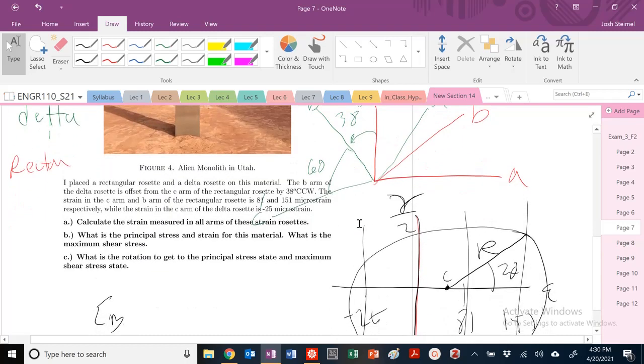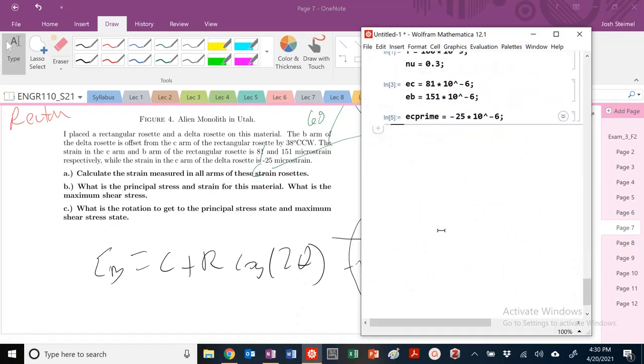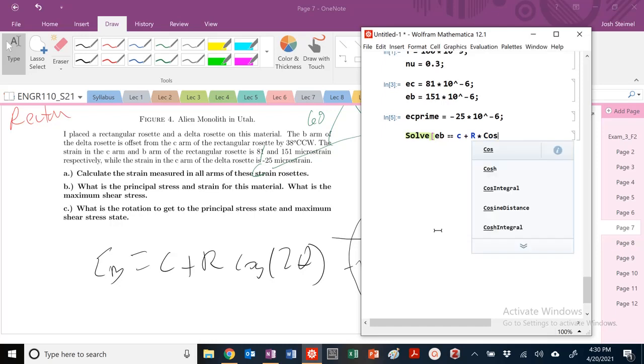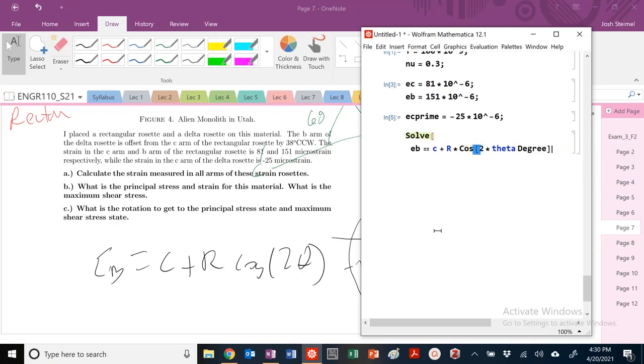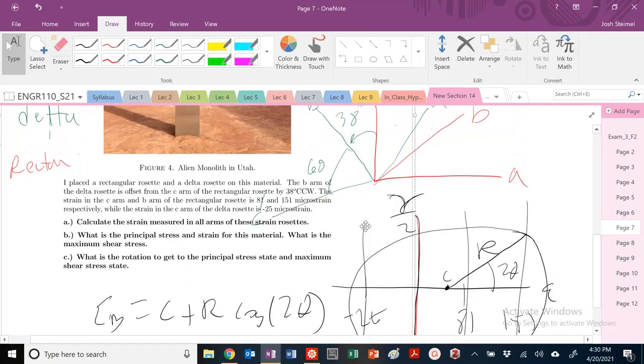If I'm using the B arm of my rectangular rosette, it's just going to be equal to C plus R cosine of 2 theta. We already know what E sub B is. So that's my first equation: E sub B set equal to C plus R times cosine of 2 theta, in degree mode.